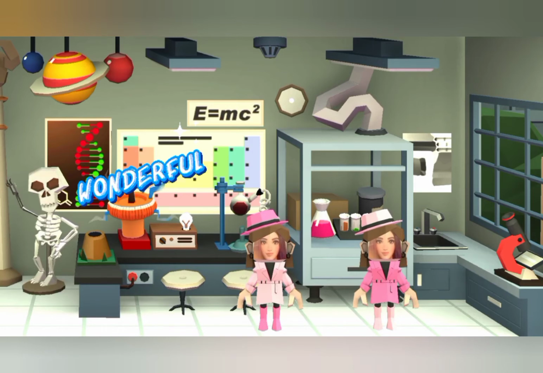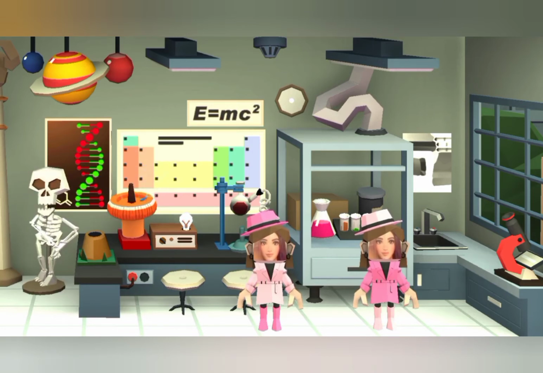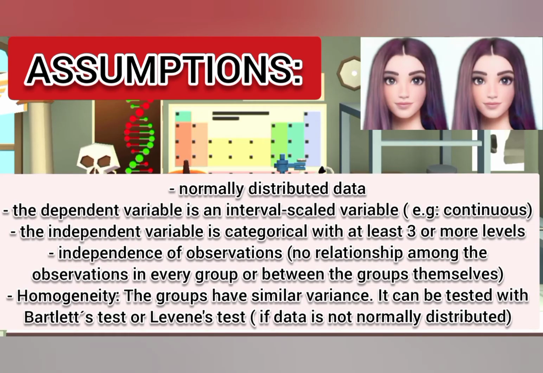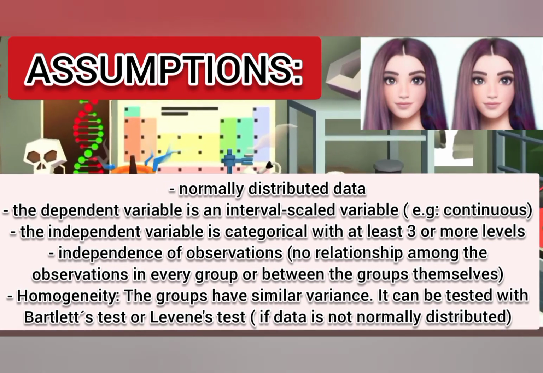Wonderful, Sarah. And what are the assumptions for one-way ANOVA? So, the assumptions are normally distributed data. The dependent variable is an interval scaled variable, for example, a continuous variable. The independent variable is categorical with at least 3 or more levels.